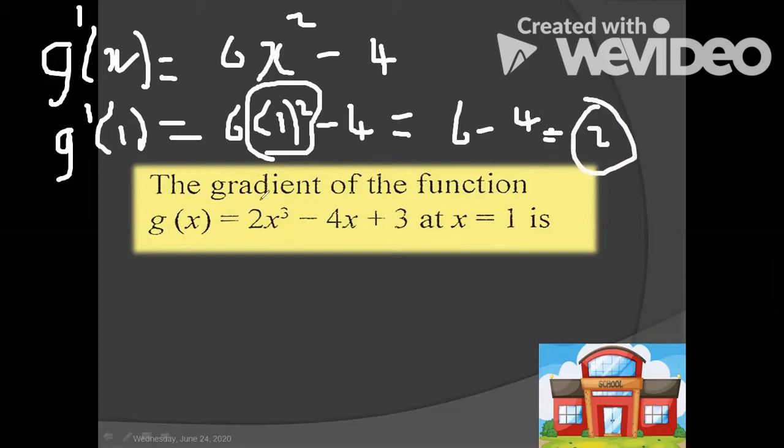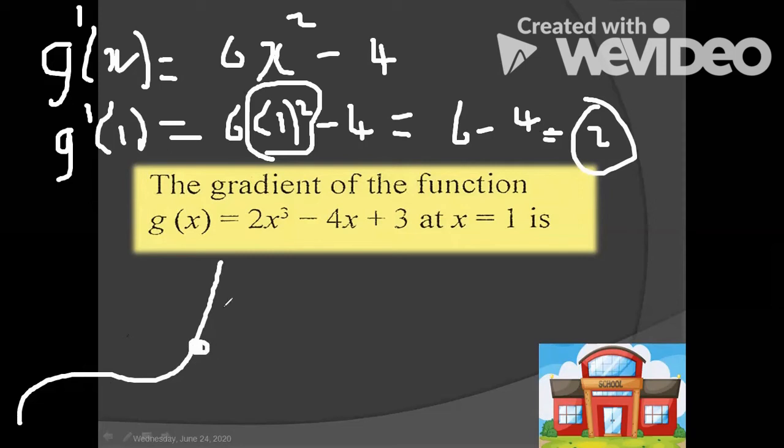So that's the gradient of this function when x is equal to 1. Let me give you a little picture of what's happening. If you draw this g function, you get a curve like this. Imagine at this point here, that's where x is equal to 1. We want to know what the gradient is.